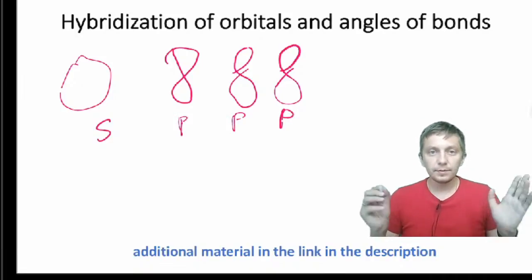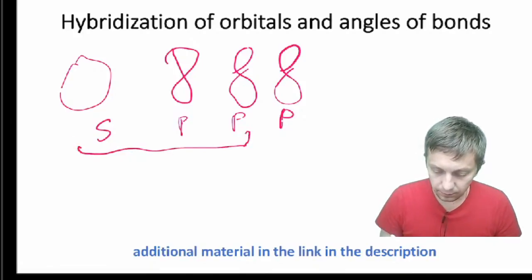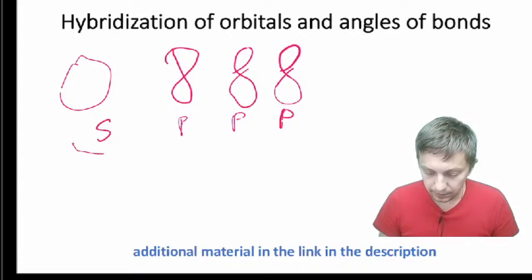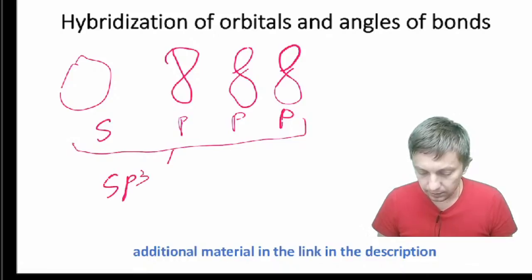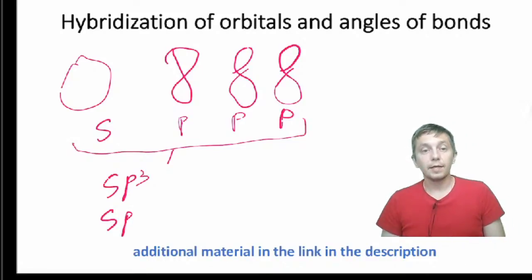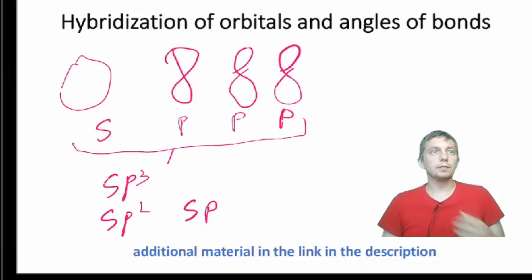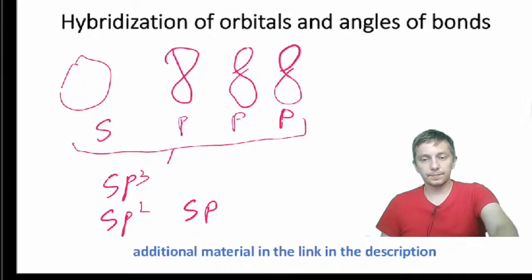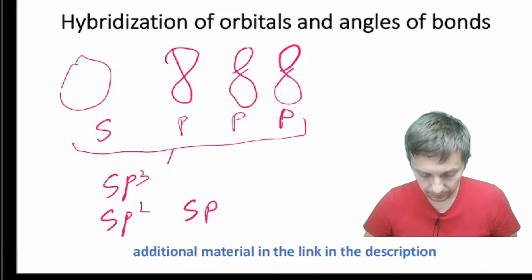Sometimes all these orbitals are used for compound forming, for example, in methane, sp3. Sometimes we can use just sp2, and sometimes just sp. And in organic compounds, we're dealing only with sp2, sp3, and sp. Nothing more, nothing less. Only these 3 types of hybridization.